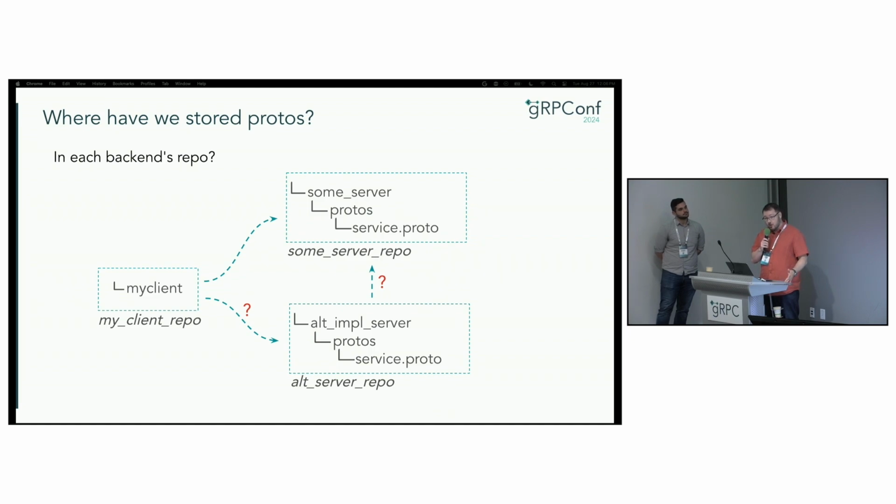This works to a point. But what if you use 2 different implementations of the same service definition? Maybe your next-gen server is running alongside your old one as you migrate over. Or you use 2 vendors that implement the same service definition. Where is the source of truth for the service definition protobuf file? It's not so obvious anymore.